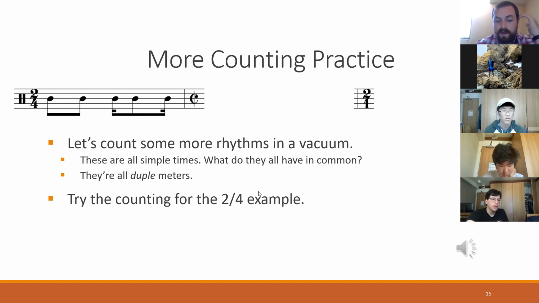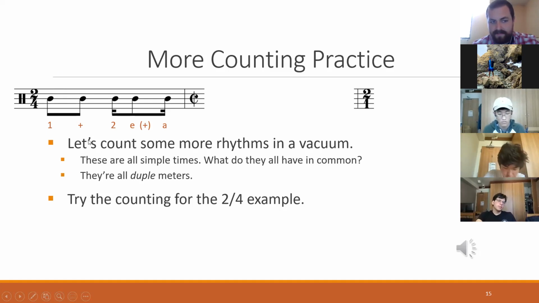Okay, so let's just reveal the answer and then talk through it a bit. So here we go. 2-4, the quarter note gets the beat. Therefore, 2 8th notes in the first beat is 1 and.